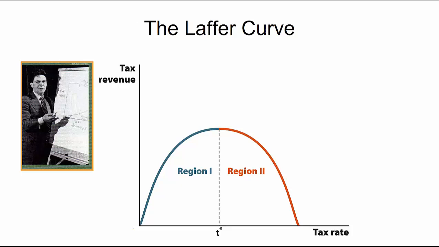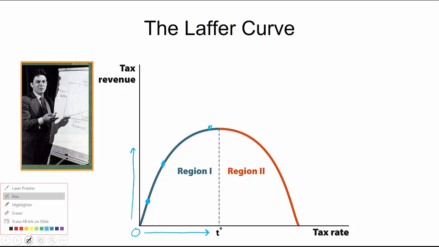Okay, origin is 0. What this tells us is that as the tax rates are increased, you're going to see tax revenue go up. So you can see everywhere along here, as tax rates increase, revenue is also going to increase. Okay, up to a point.